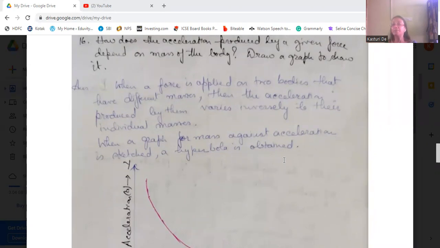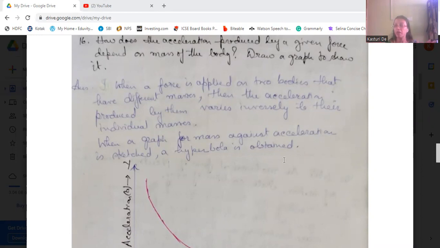So how does the acceleration produced by a given force depend on the mass of the body? When a force is applied on two bodies having different masses, acceleration will be produced which varies inversely to their individual masses. That means if the mass is more, more force is required to produce the acceleration.